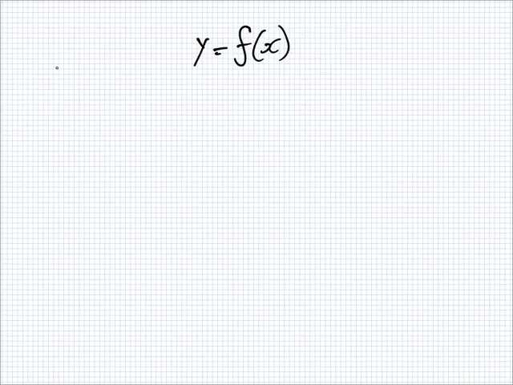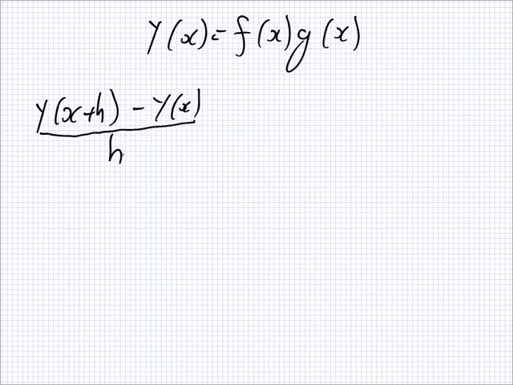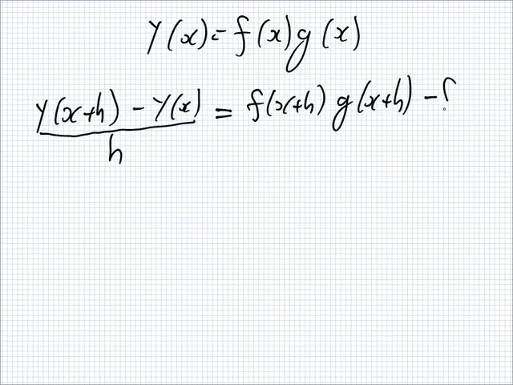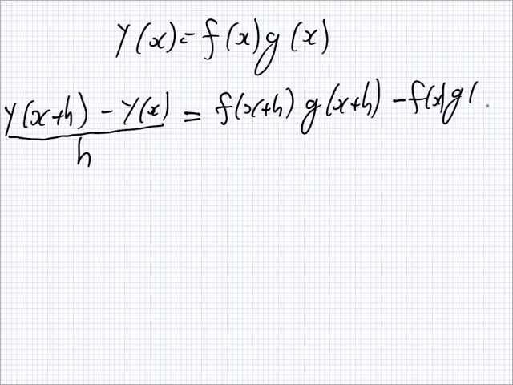If you want to actually make it a little bit clearer, you could say y of x is f of x, g of x. So you would have y(x plus h) minus y(x) over h. This is the derivative when we make h go to 0. So that would be f(x plus h), g(x plus h), minus f(x), g(x), all over h.